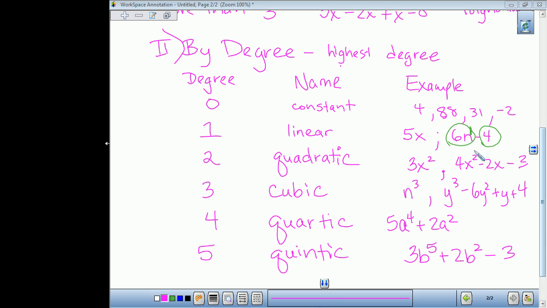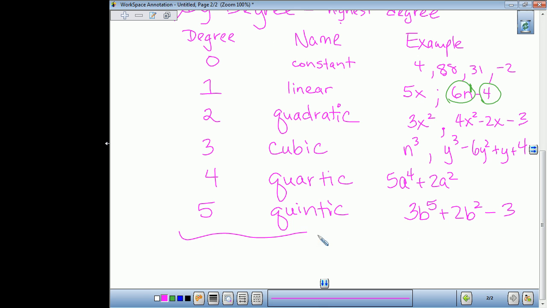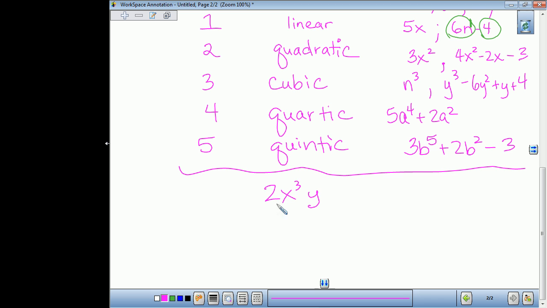Now, most of the time when we look at these, they're all in terms of one variable. But sometimes they might ask us to name it by degree when it has more than one variable. And so if that's the case, let's say we had 2x to the 3rd y. Do you see that all this is one term?